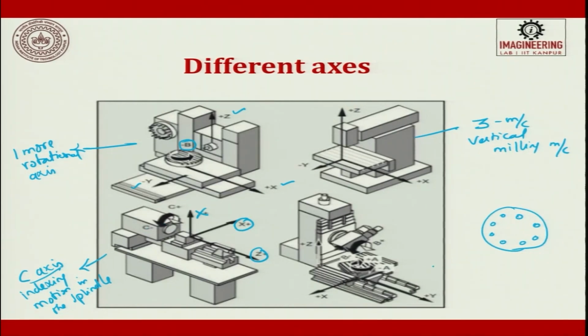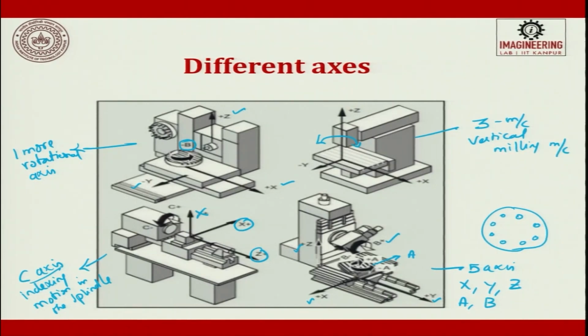When we come to here, it is a 5-axis machine. So, you can see x, y and z, and then you are having two more rotations. One is the spindle where the cutter is able to swing, that is B, and then we are able to have control over the pallet rotation, which is A. So, here you will have x, y, z, A and B. Okay.